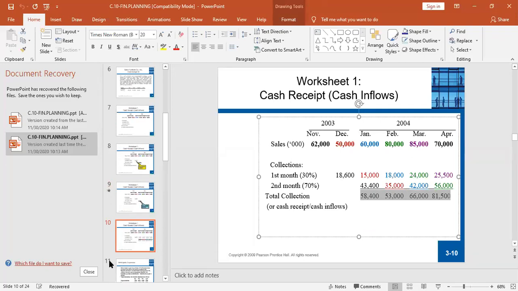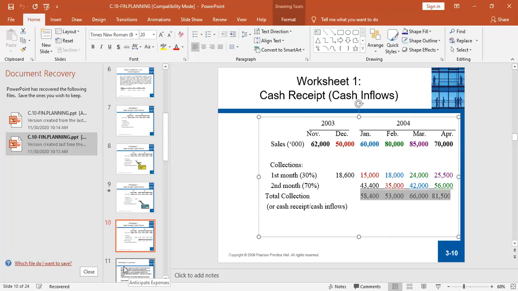So once you finish with cash receipt, then you need to identify how much is the expenses for each of the month. All right. So the expenses we call it cash disbursement. Okay, so expenses can be credit expenses. Credit expenses are like credit sales.